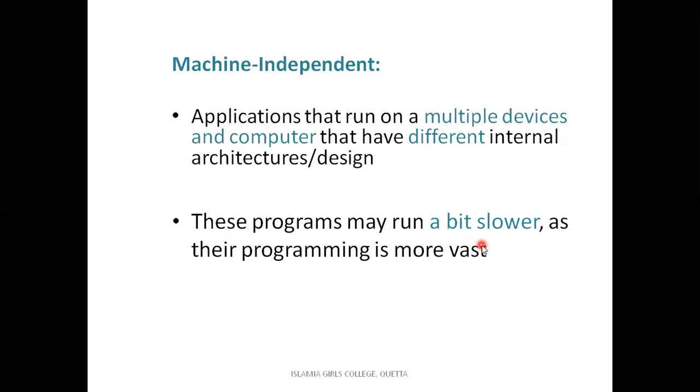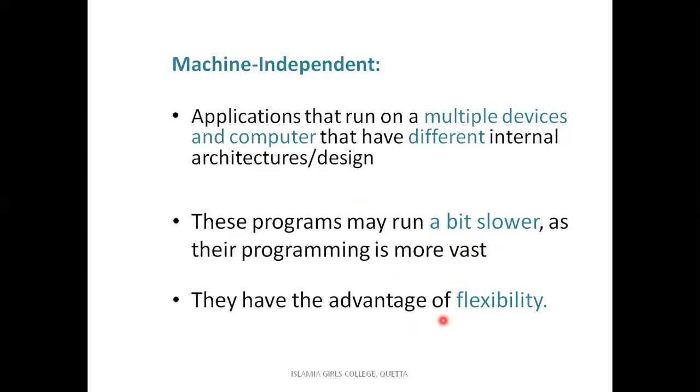The programs may run a bit slower because their programming is more vast, covering more designs, but they have the advantage of flexibility. This means they are flexible because they can run on more devices. The same piece of code or the same program can run on different devices. Then this means that the program is machine independent.